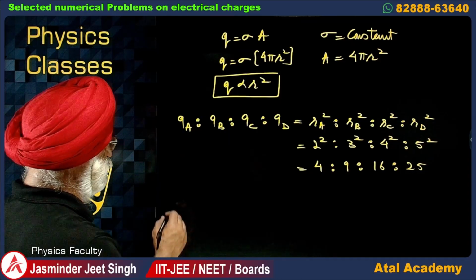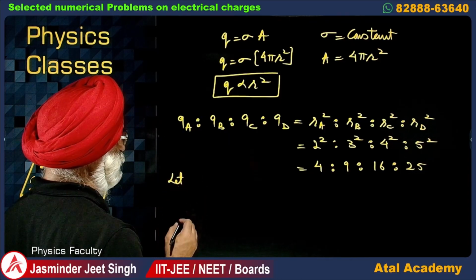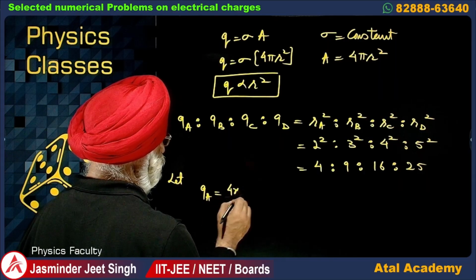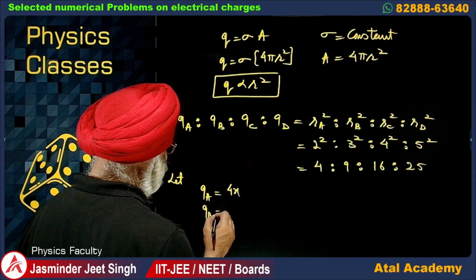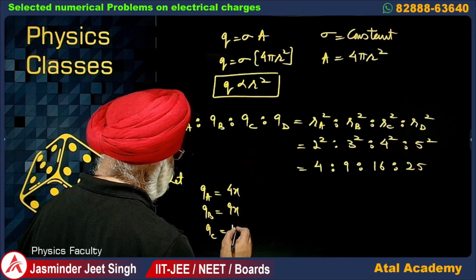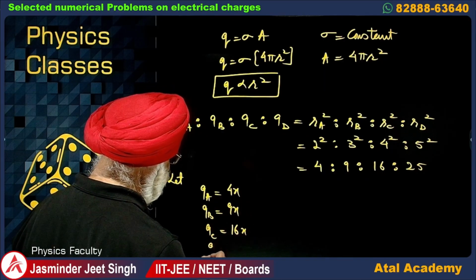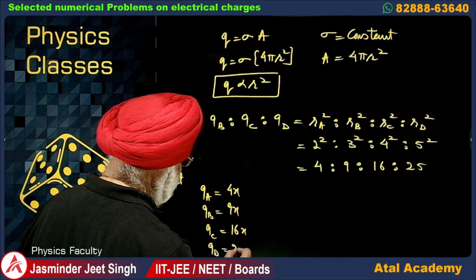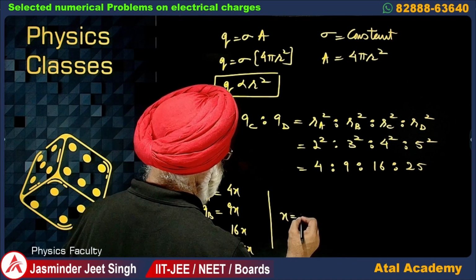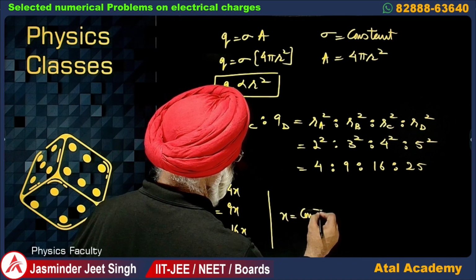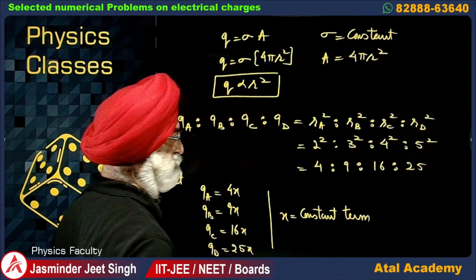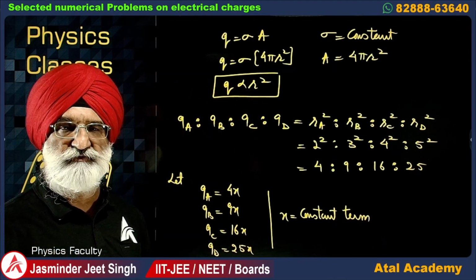Since the ratio is given to us, we can assume that let QA be equal to 4x and QB is equal to 9x and QC is 16x and QD is 25x. And here we can talk about x is any constant term. This is what we can assume.